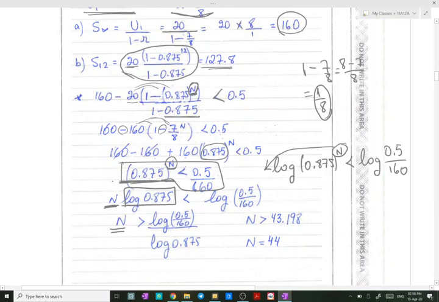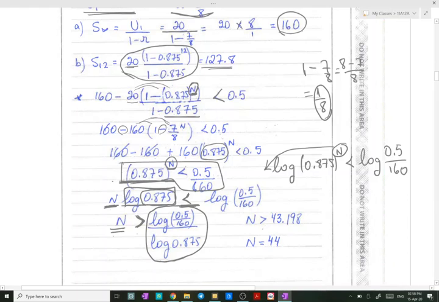But since log of 0.875 is negative, therefore when you divide by it, this order should change. So instead of having it as less, you're going to have to change the order. So n is greater than log of 0.5 over 160 over log of 0.875. Placing this value on your calculator properly, you're going to get n greater than 43.198.